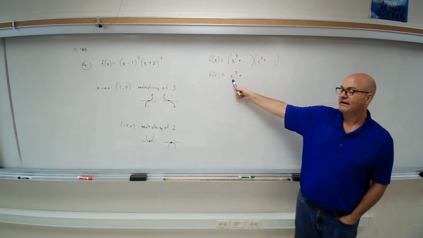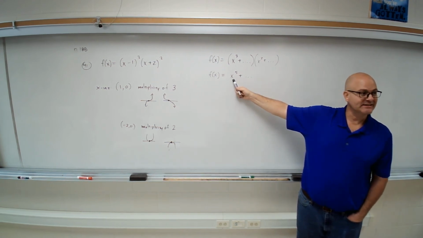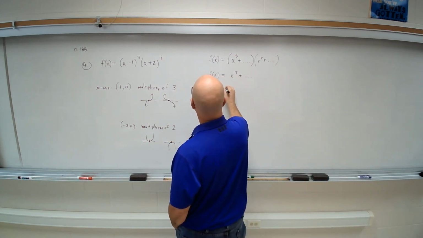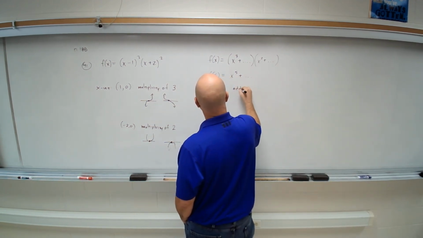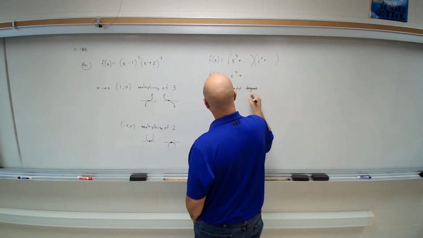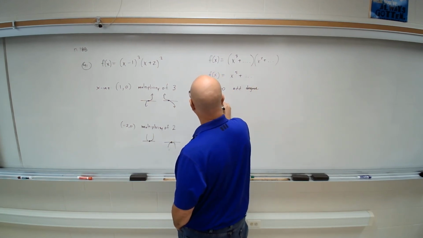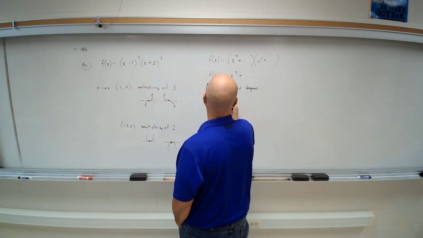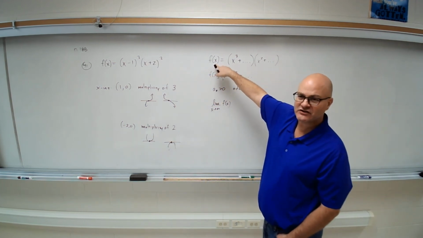So do we know the leading term now? Sure. So this is positive, so a sub n is greater than 0. It's an odd degree. So if I wanted to write the end behavior, I could say the limit as x approaches infinity of f of x, because that's the name of the function.